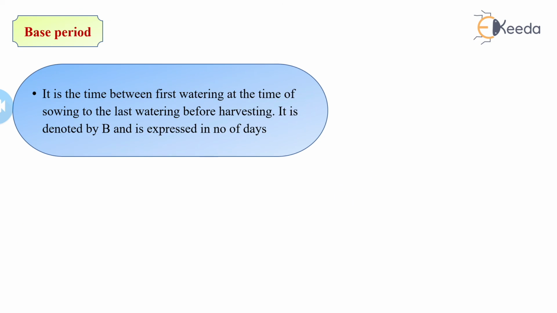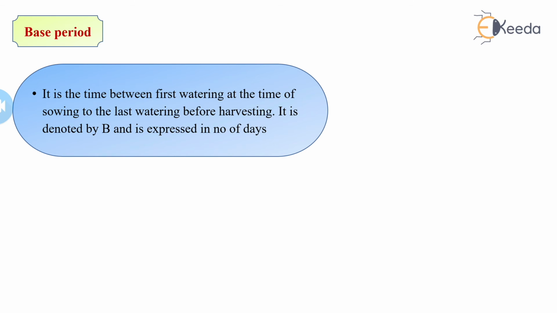Next is the base period. Base period is the time between the first watering at the time of sowing to the last watering before the harvesting. It is denoted by the capital B and it is expressed in number of days.